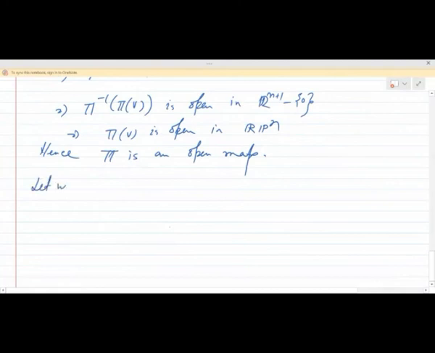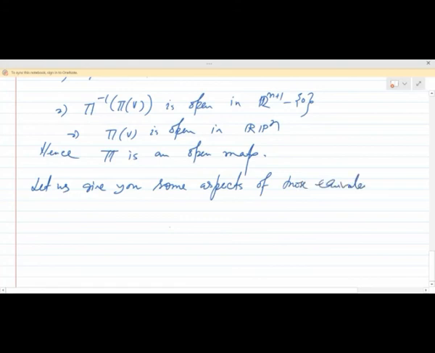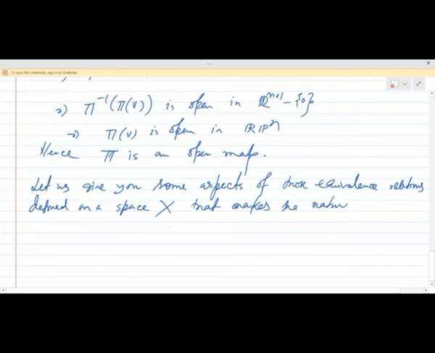So let us give you some aspects of those equivalence relations defined on a space X that make the natural projection an open map.